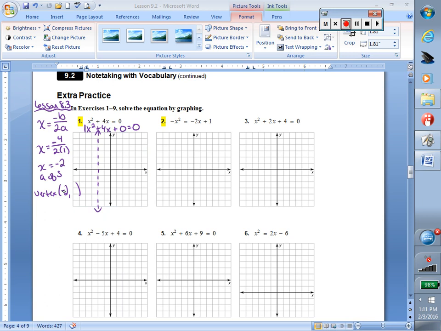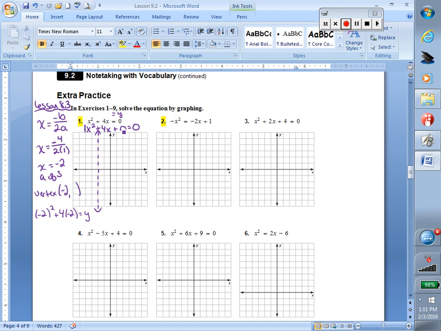So let's plug our x value into our equation. So we have negative 2 squared plus 4 times negative 2. And that gives us our y value. I know our equation starts as equal to 0, but all we've done is replace y with 0. We've substituted that 0 in for y.